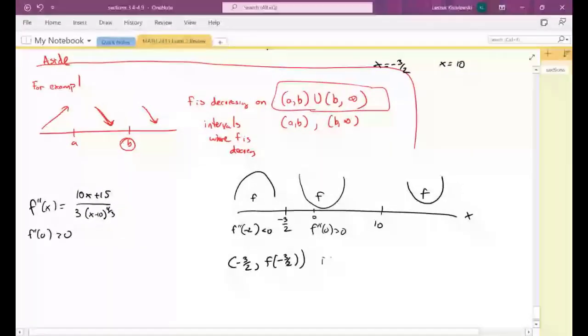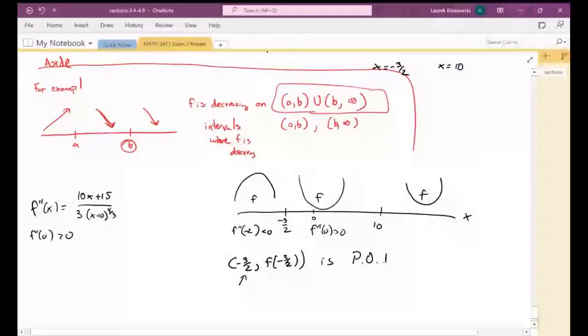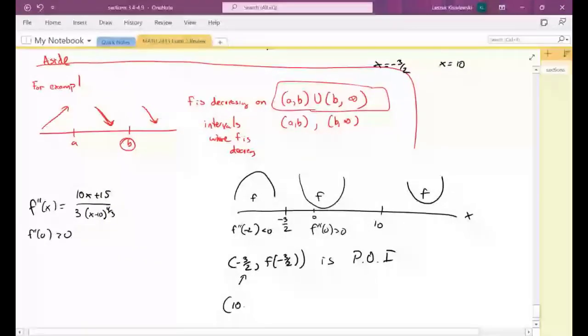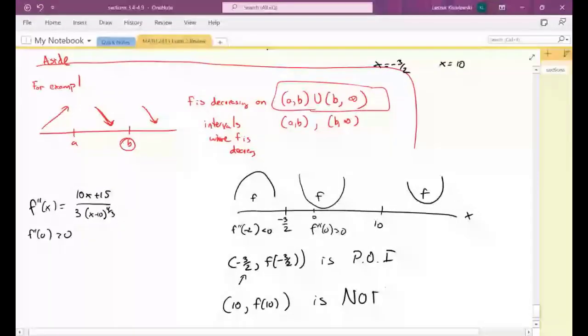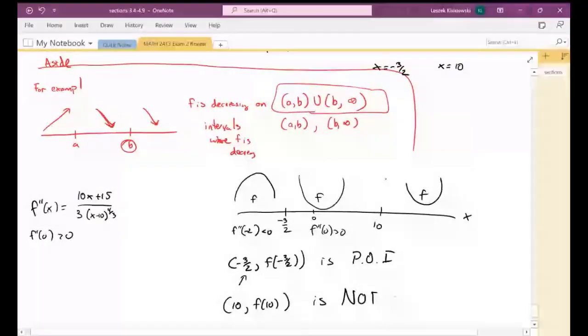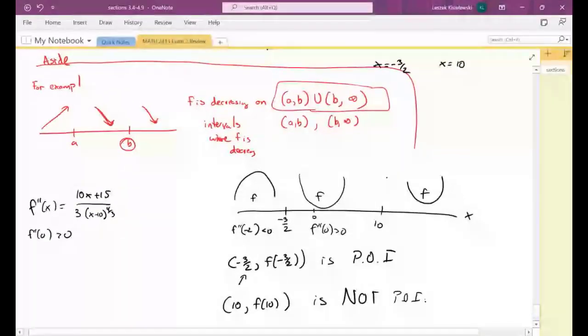Yes, because there's a change in concavity, and this is in the domain of the function. Is this a point of inflection? No. There is no change of concavity. The function is concave up on either side of 10. All right.